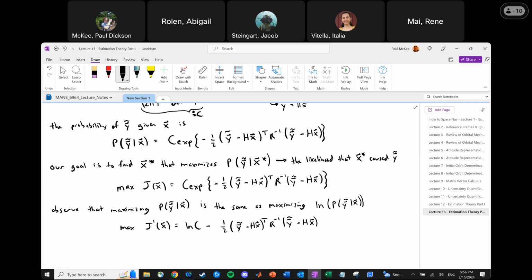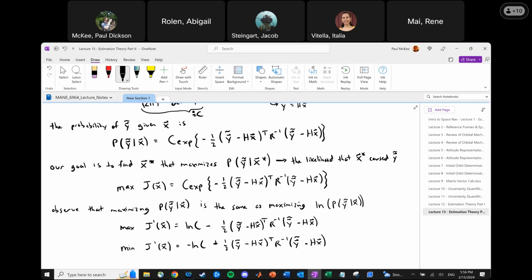Now I'm going to rewrite this as a minimization problem, just because most of the tools that we have in optimization work better for minimizing. We're just going to change the signs. This is negative ln C plus 1/2 (y minus Hx) transpose R inverse (y minus Hx).